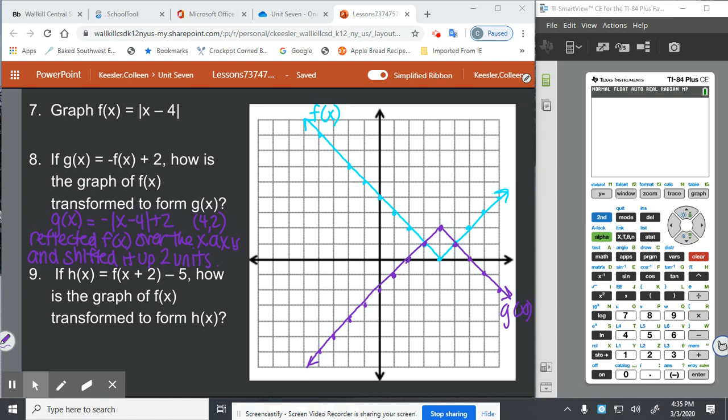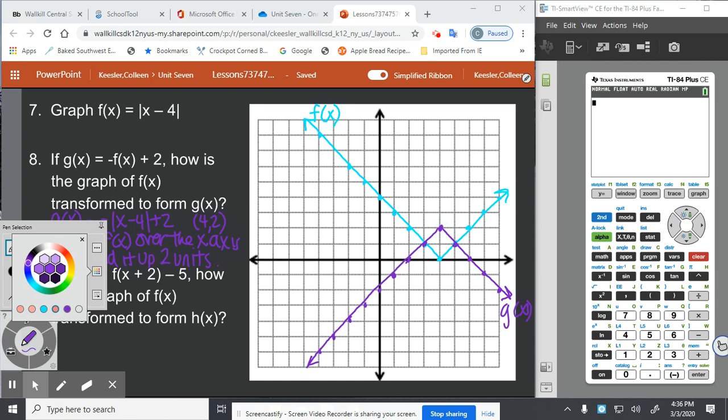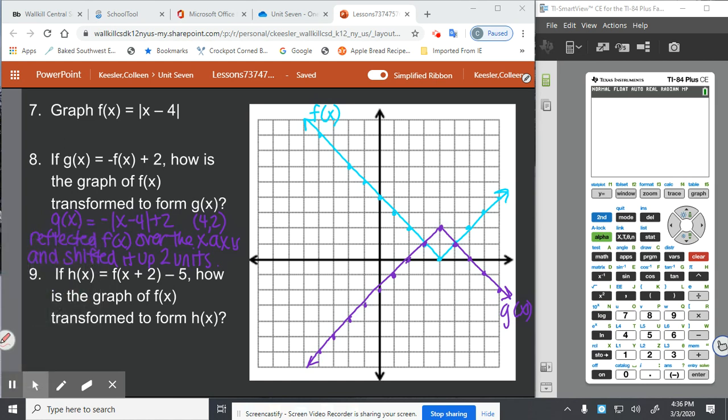All right, and one more we have. If h of x is f of x plus 2 minus 5, how is the graph of f of x transformed to find h of x? So again, we have to rewrite our equation. So now we have h of x, and we go back to our original f of x, which is that x minus 4. Adding that 2 in is going to make it x minus 2, and then putting the minus 5 on the outside.